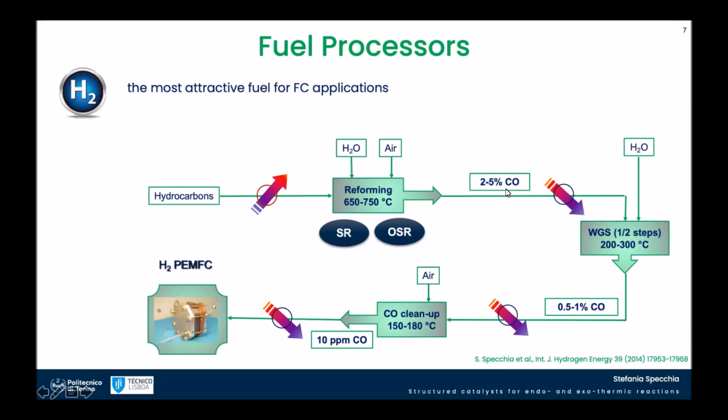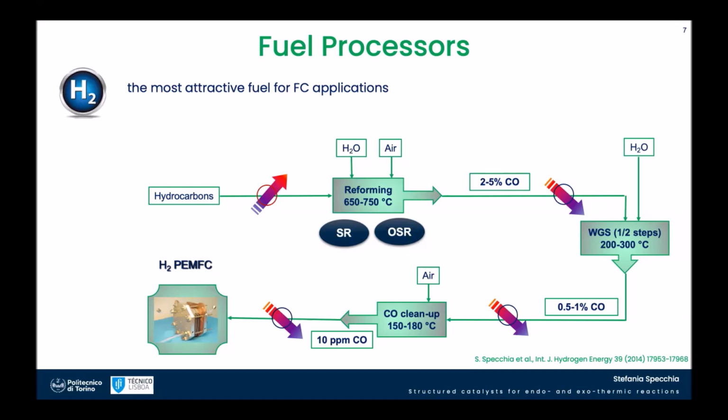And then this carbon monoxide can be reduced to around 0.5 to 1%, applying water gas shift reactions by adding water. And then we can even further reduce this low amount of carbon monoxide to a few ppm by proceeding with another step of CO cleanup, where, thanks to the presence of oxygen, by adding oxygen, we can shift the equilibrium, and then we can increase further the amount of hydrogen.